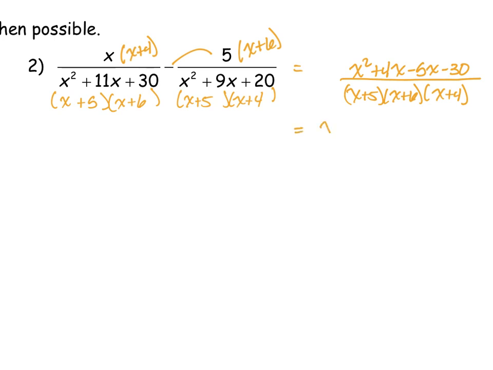So I'm going to get x squared minus x minus 30 all over x plus 5 times x plus 6 times x plus 4. And I think I can factor the top.